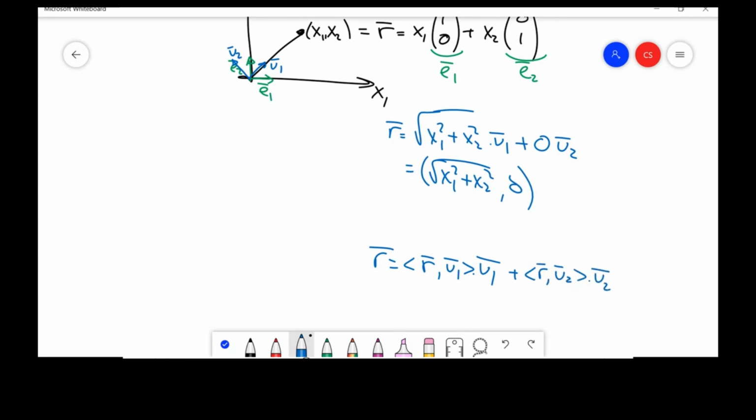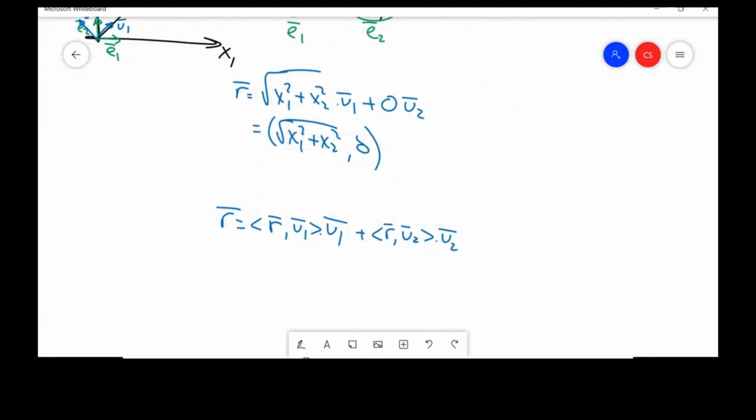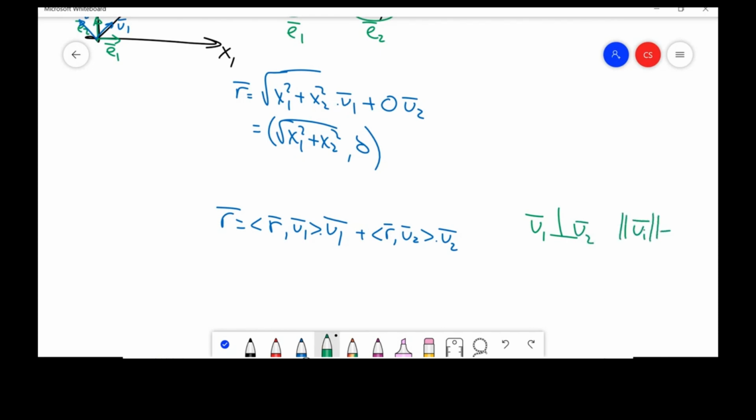There are a few assumptions there, and let us write them. The assumptions are that U1 is orthogonal to U2, and the other assumption is that the length of both vectors is 1. We have unit vectors. And then in that case, this is true.